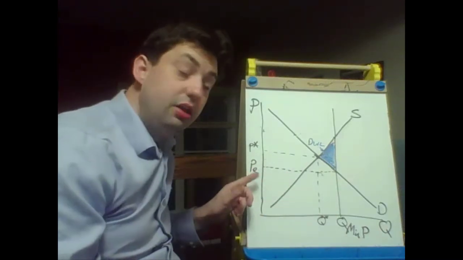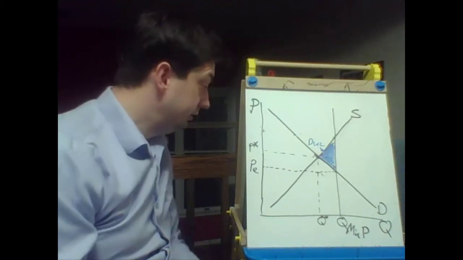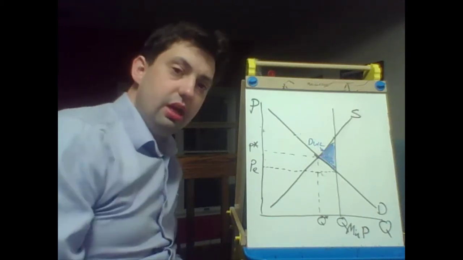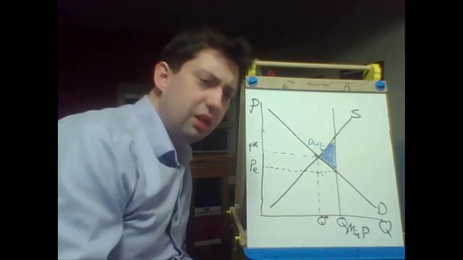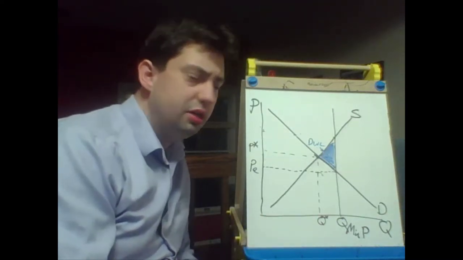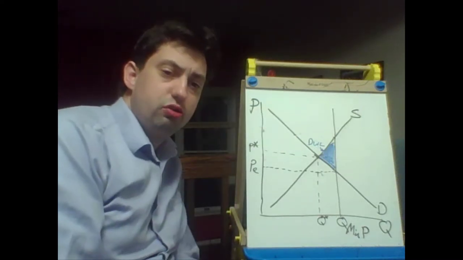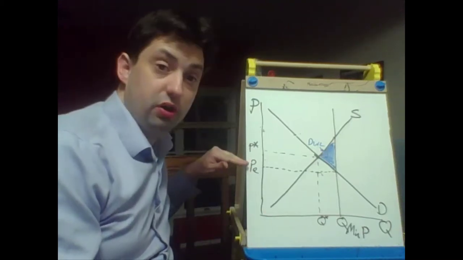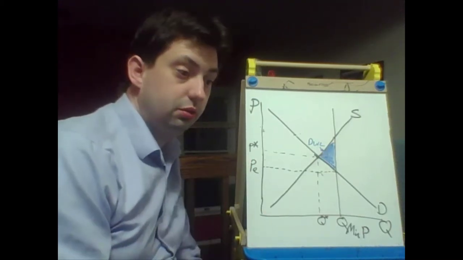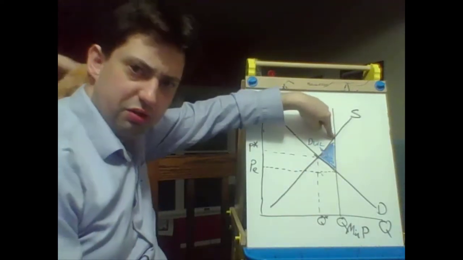And then instead, we use this intersection point to find our price. So naturally, forcing people to consume a lot more than they normally would cause prices to rise. And forcing them to produce a lot more than they normally would cause prices to fall. Again, this point, when it's production, doesn't really mean anything.